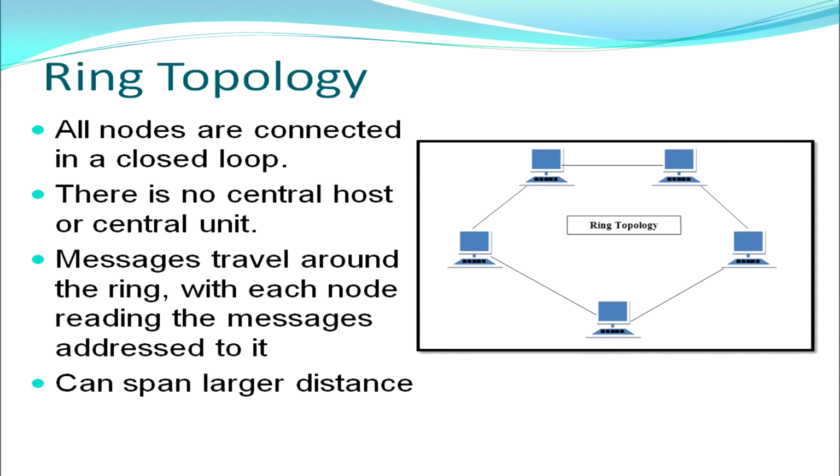So, the messages travel in the form of a ring, meaning if A wants to send a message to B, it will travel across the ring, and when B receives the signal, it takes it, and the rest all ignore it. So, this particular network can span over larger distances because they are being connected end to end. That is the advantage of a ring topology.